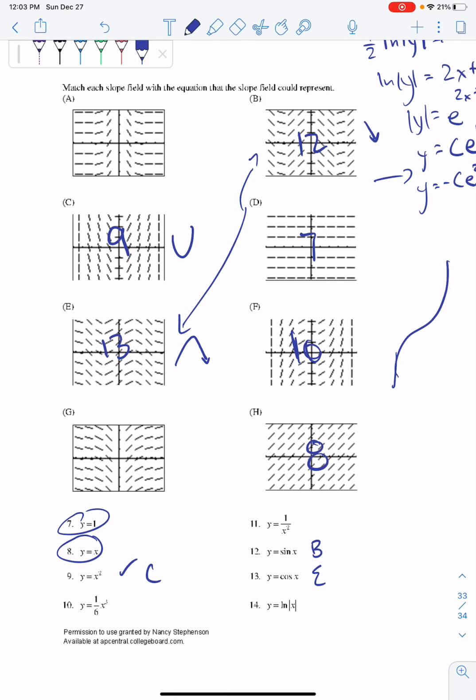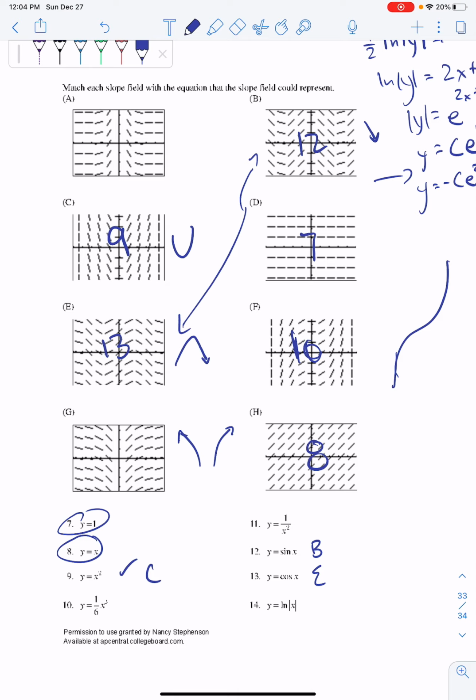What is left? 1 over x squared and the natural log. Are those the only ones that are left? Okay. Now, if you look at the general shape, as I move to the right, one of them flattens out, and the same with the other one.